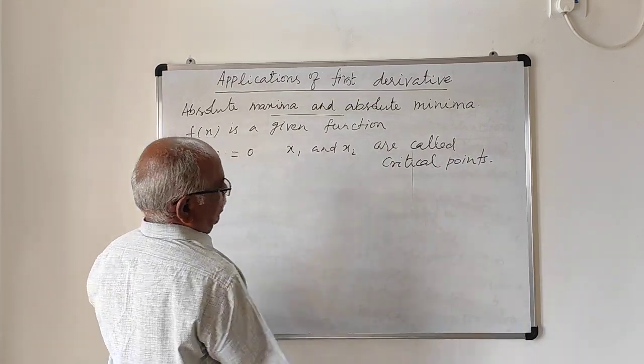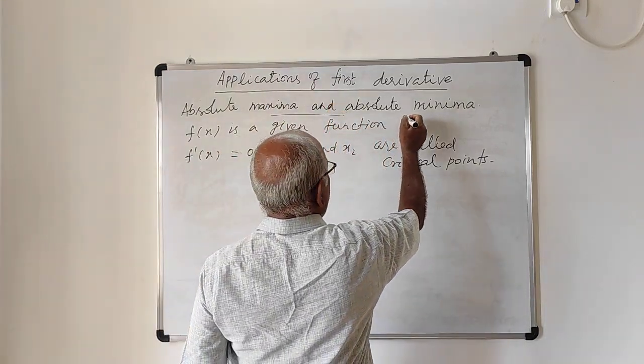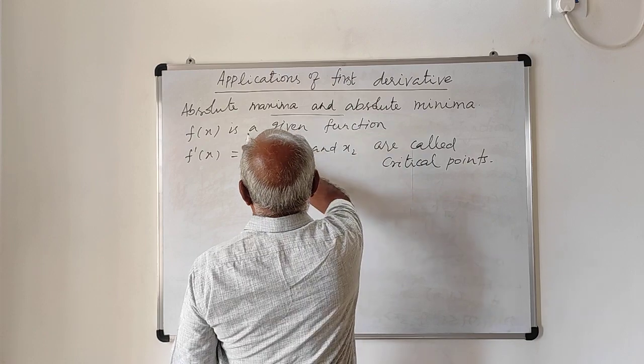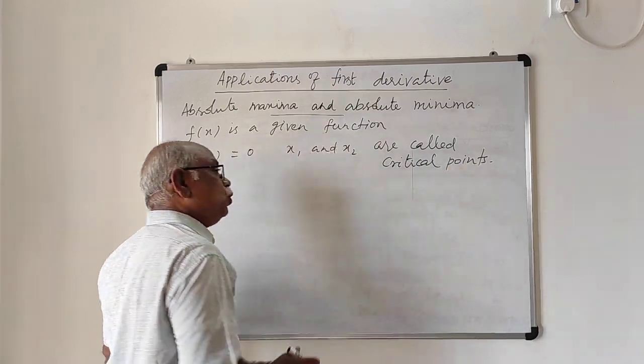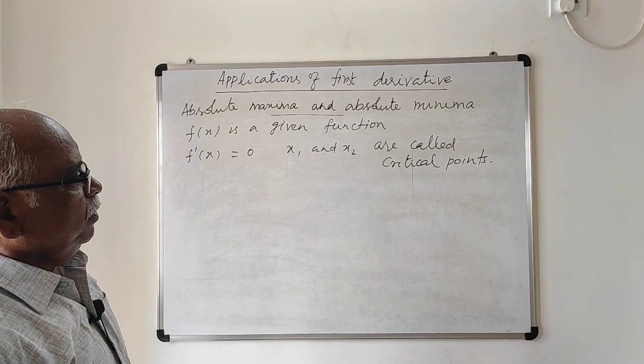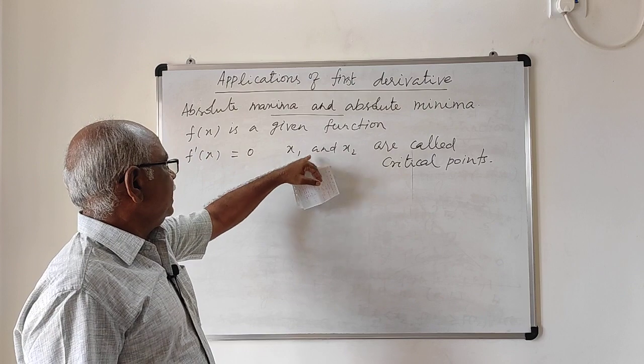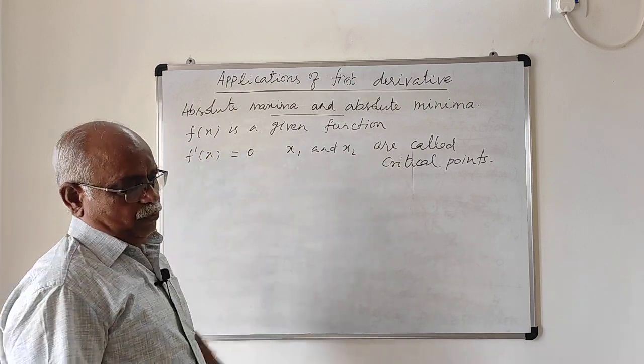Those are called critical points. And those critical points and the given interval are what we use to find the absolute maximum value and absolute minimum value of the function. Critical points are the values of x obtained after equating f dash of x to 0.